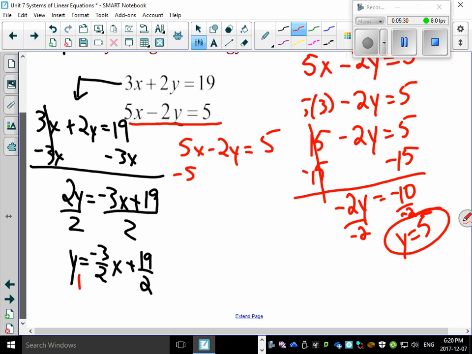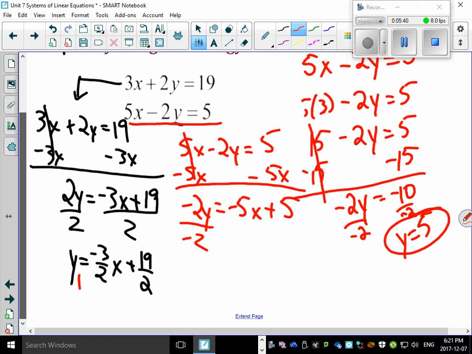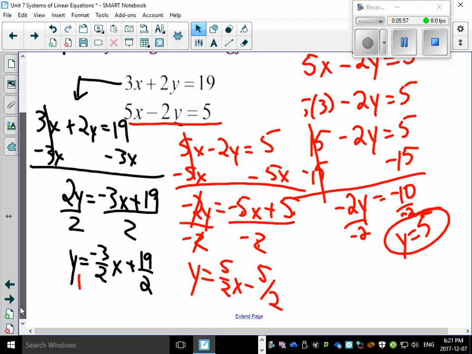I'm going to subtract the 5x from both sides. That's going to give me minus 2y equals minus 5x plus 5. Divide again by minus 2. Oh my goodness, this just gets uglier and uglier every time I look at it. Minus divided by minus gives you a positive 5 over 2 x. 5 divided by minus 2 gives me a minus 5 over 2. There are our two equations that we're going to substitute in.